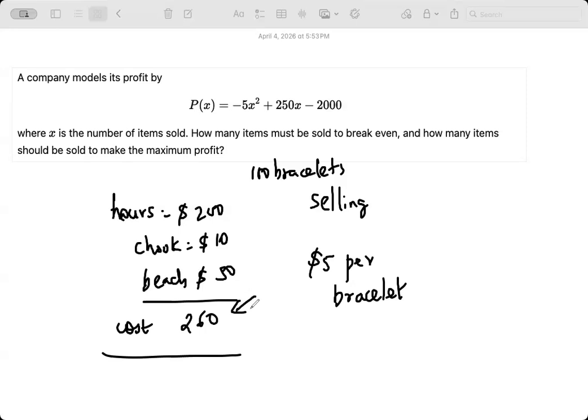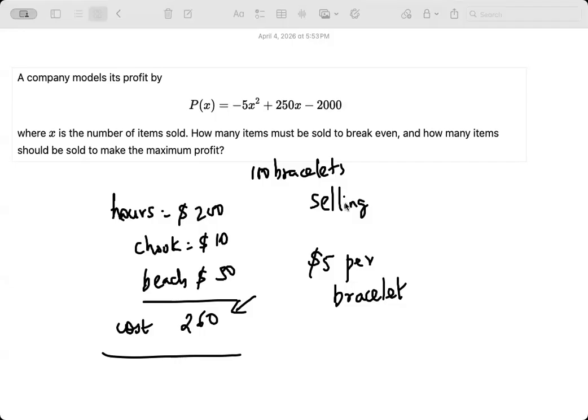I will not get profit because first I have invested $260. So how many bracelets do I need to sell to get my cost back? Tell me, it's a simple problem, right? How many bracelets should I sell to get my dollar back?